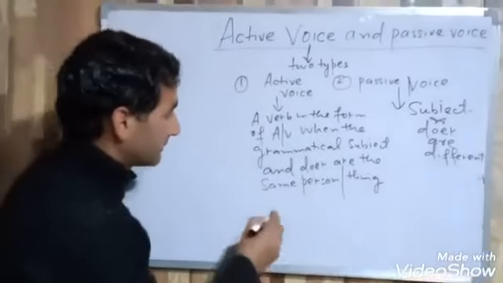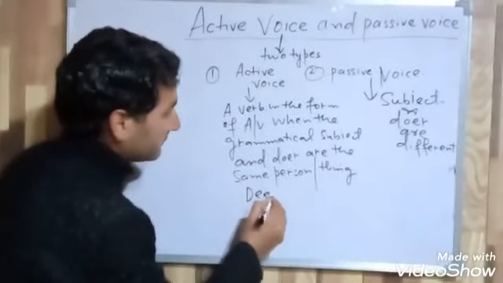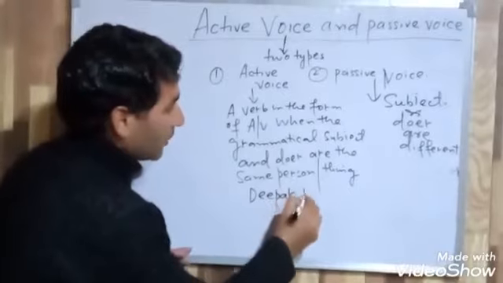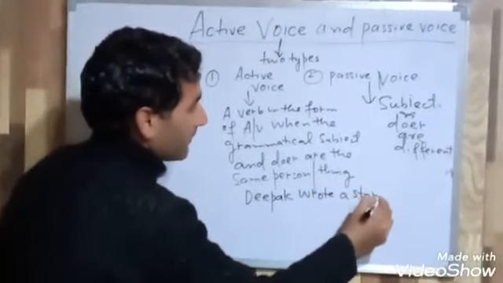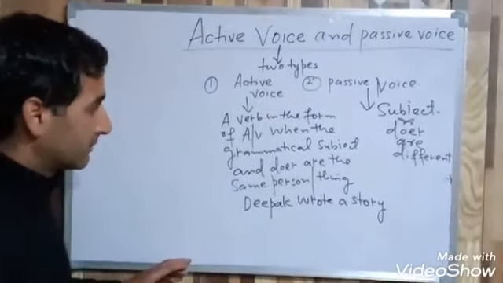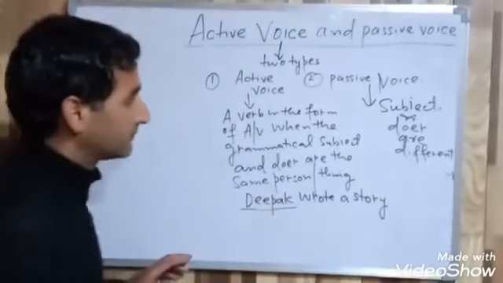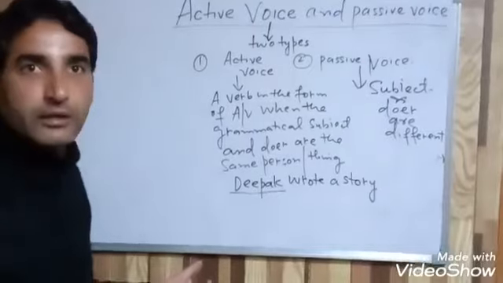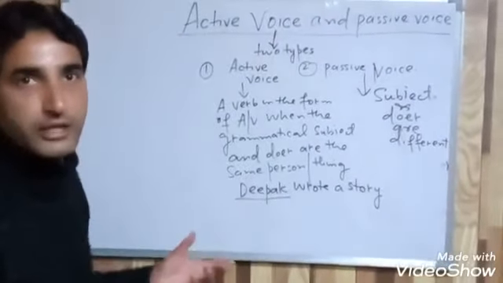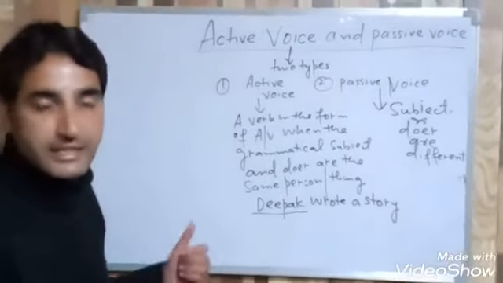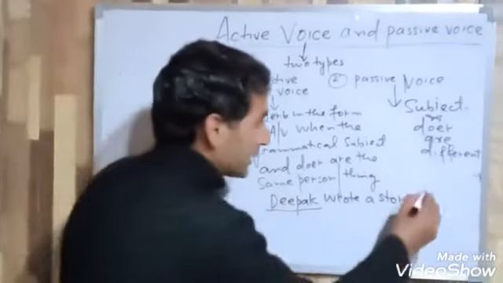I will write here, Deepak wrote a story. In this sentence, Deepak is subject and Deepak is the doer. When the grammatical subject and the doer are the same person or thing, we can say such a sentence is in active voice.